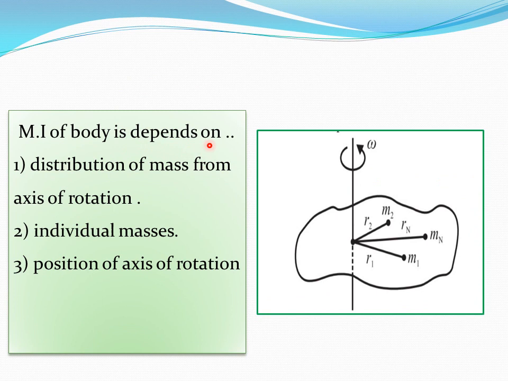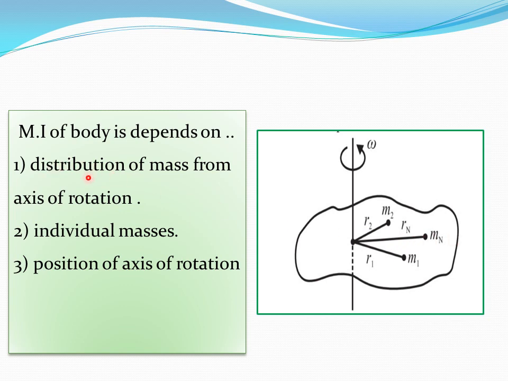Moment of inertia of a body depends on, first, distribution of mass from the axis of rotation, individual masses, and position of the axis of rotation. So moment of inertia depends on these three quantities. First, distribution of mass from the axis of rotation. Suppose this is the axis of rotation, and from the axis of rotation, in the distribution of mass, either the mass will be close or at a longer distance.